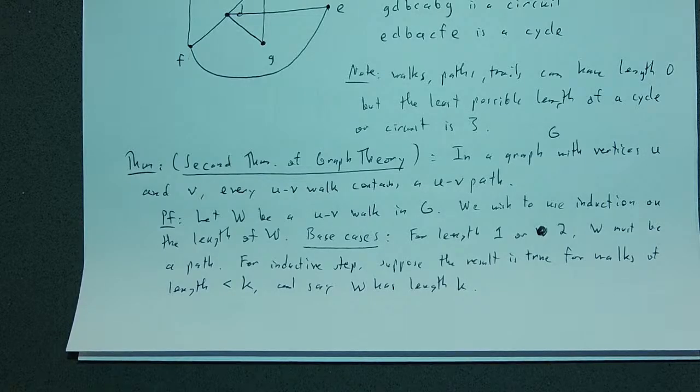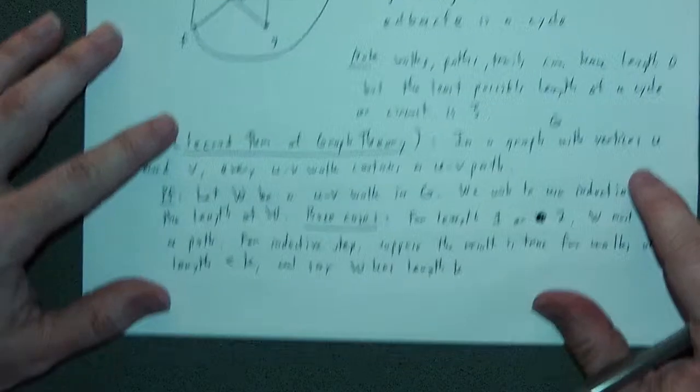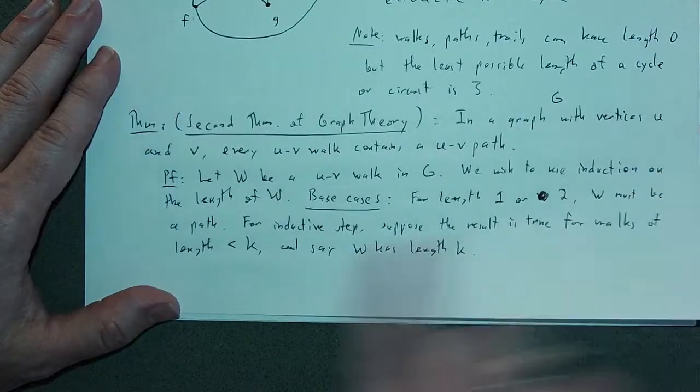Now, it could be that W is already a path, right? A walk can just be a path. So if W is already a path, we're done and there's nothing to do. But let's see what W consists of in order to be done here.